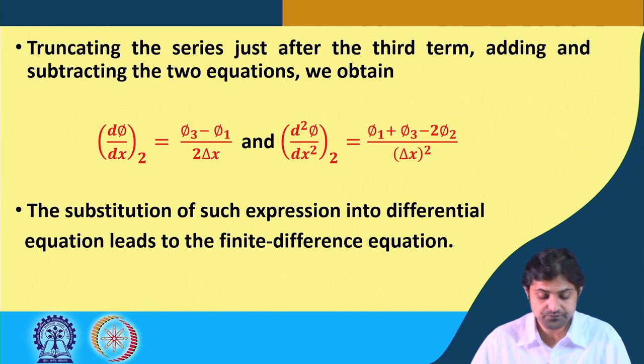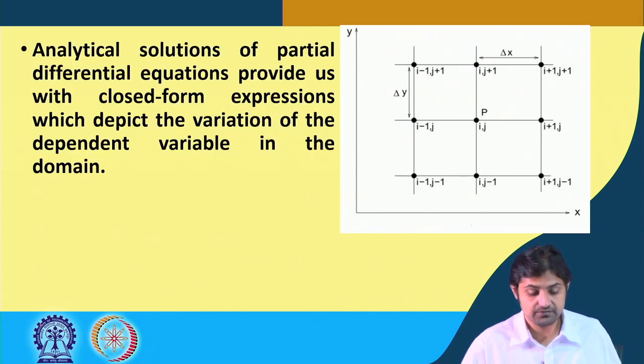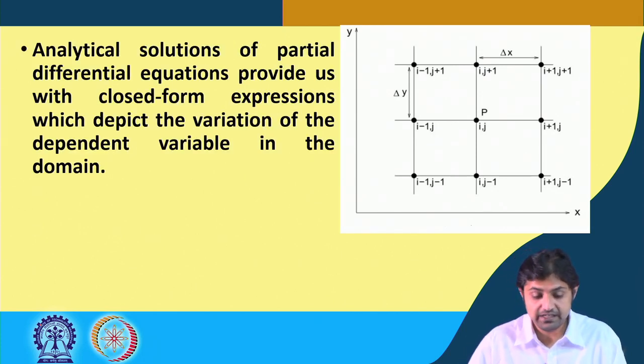Okay. Now, the analytical solution of the partial differential equation provides us with closed form expressions which depict the variation of the independent variable in the domain. All right. So, this is the domain here.